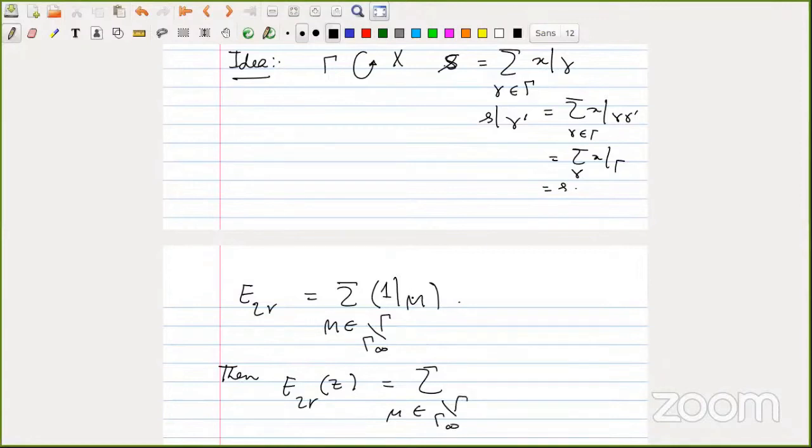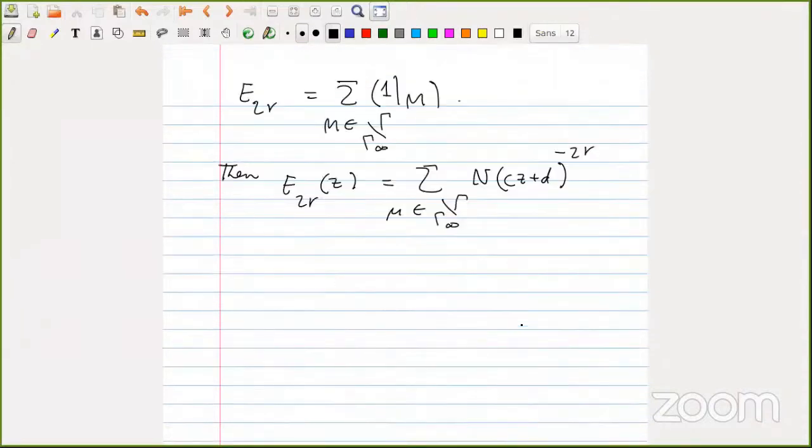If I apply the slashing action on M, I'm going to get only this one, the norm of cz plus d raised to the minus 2r. Now from the way we have written it, it's completely obvious that this is going to be invariant under gamma, under the transformation law.